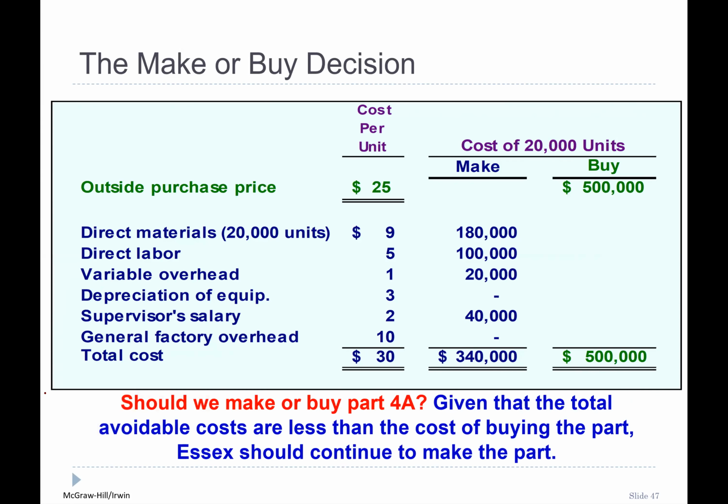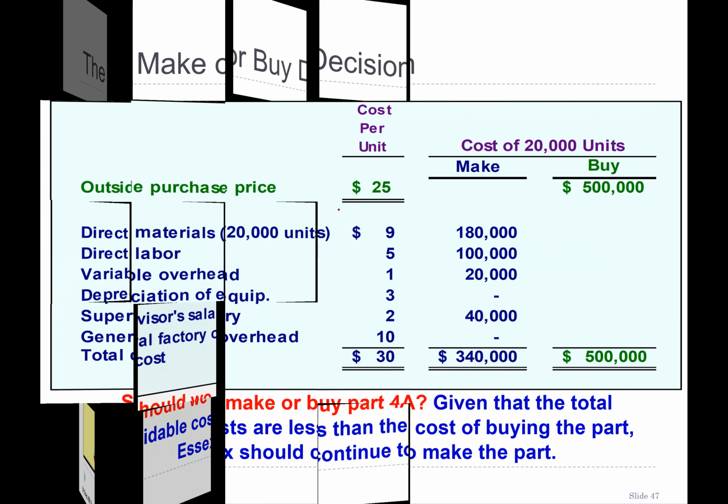So should we make that? Yes, we should continue to make that because if we just avoid this depreciation and this one, then it costs us 17 as compared to 25. Simple.